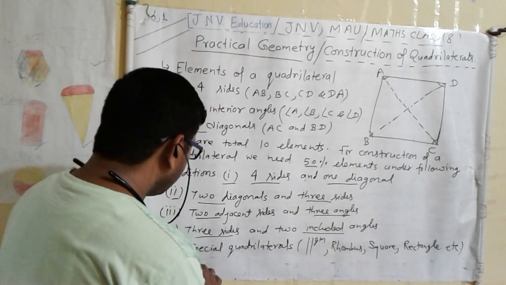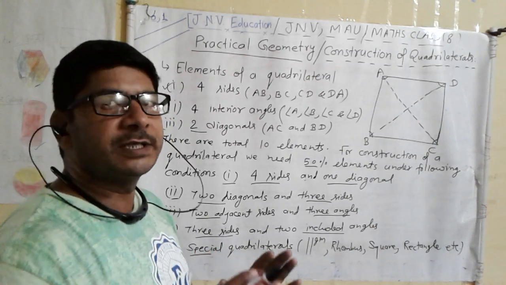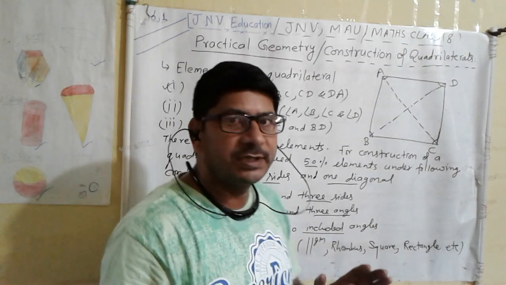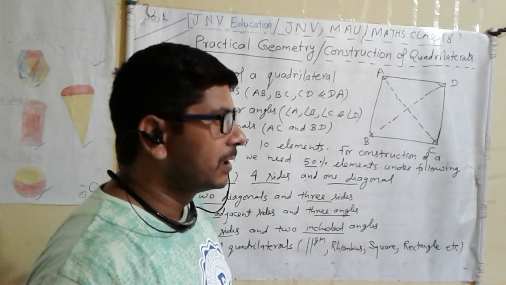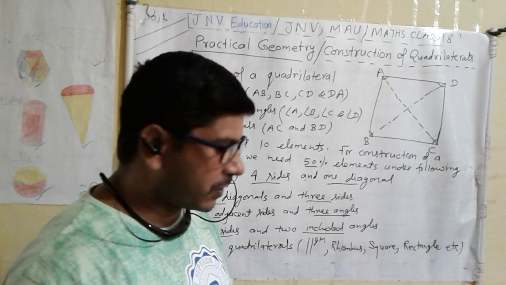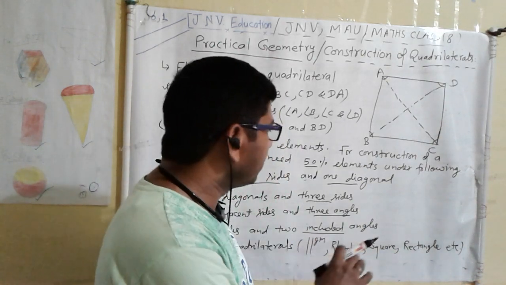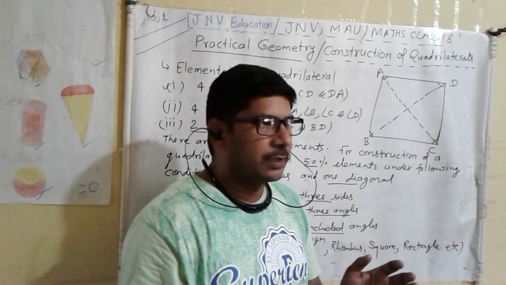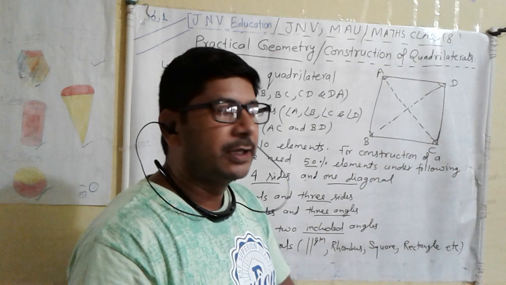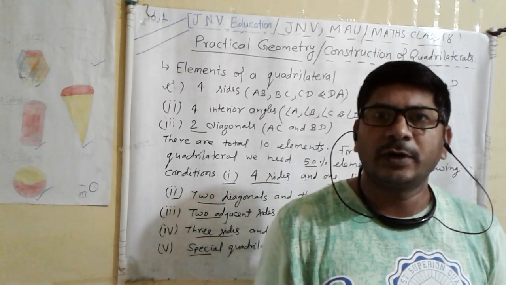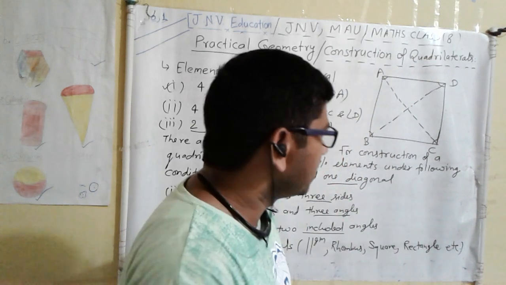And the fifth condition is that there are some special defined quadrilaterals like parallelogram, rhombus, square, rectangles, etc. Whenever information is given about a special quadrilateral, then we have to apply their specific property to construct the quadrilateral.